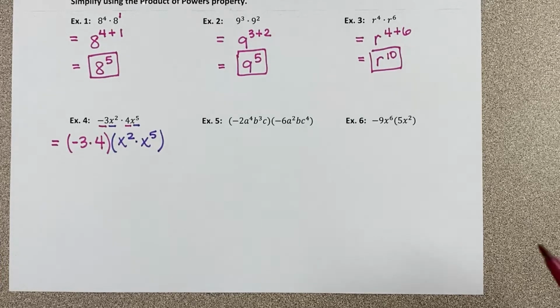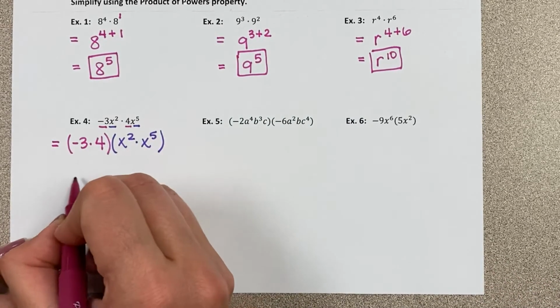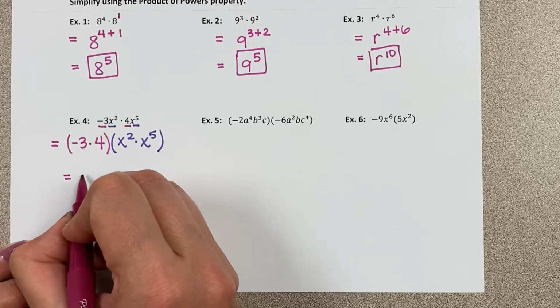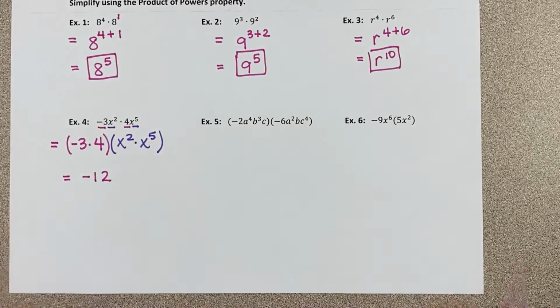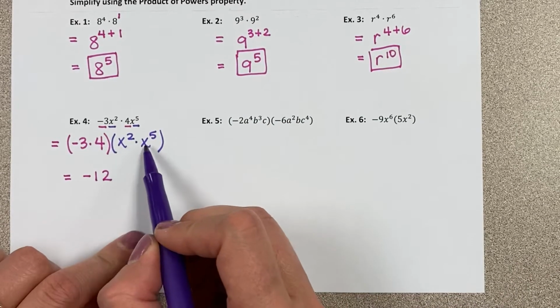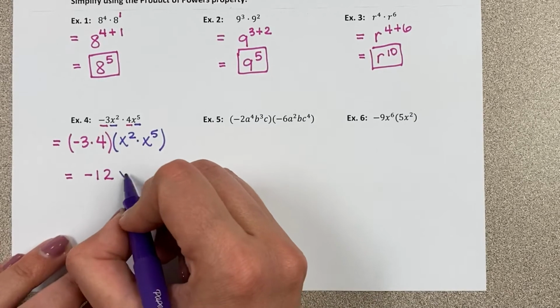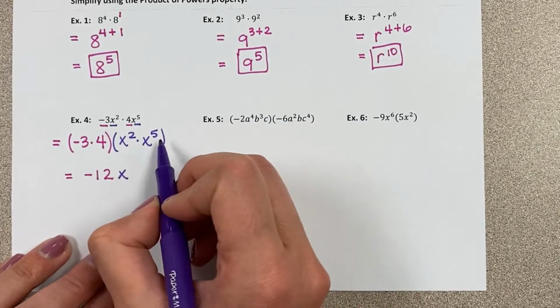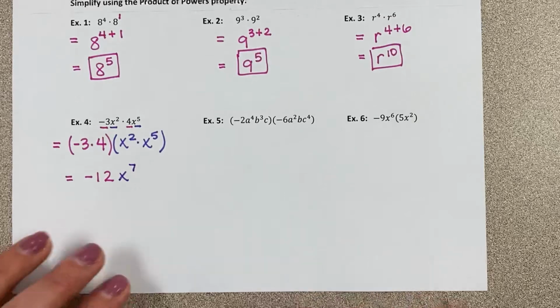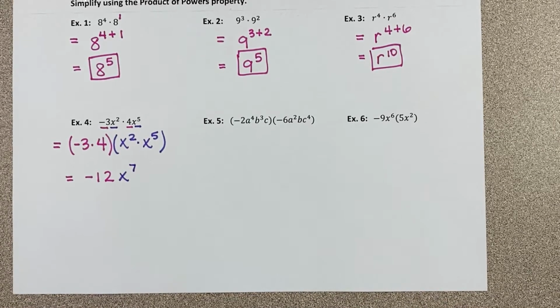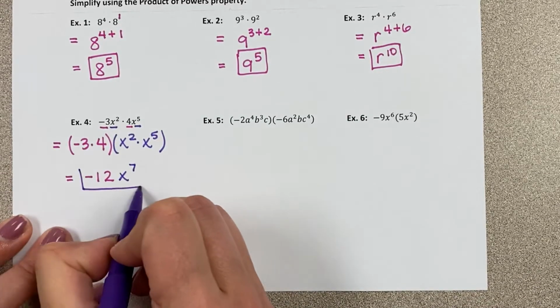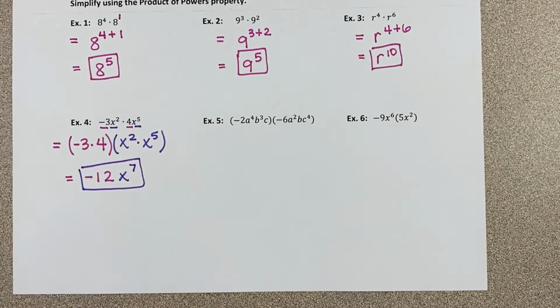Now you multiply like normal for the numbers: -3 times 4 is -12. X squared times x to the fifth, we keep the x because it's the same base. 2 plus 5 is 7. So our final answer is -12 x to the 7th.